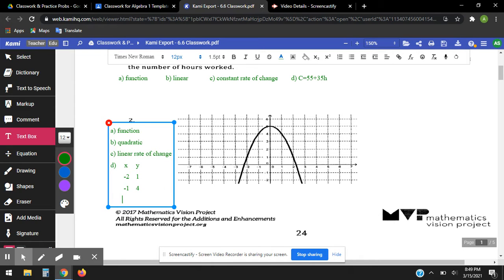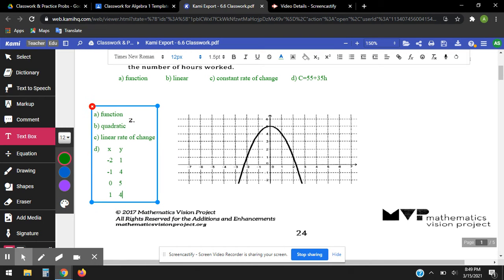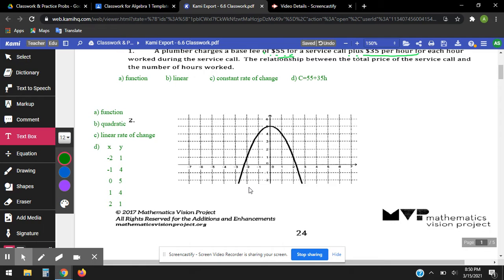If I do 0 for my x, my y is 5. And then I'm going to do 1, gets me back to 4. I'm going to scoot that up a little bit so I can go all the way to 2. 2 then would be 1. All right, so I got those points on there. Second one, done.